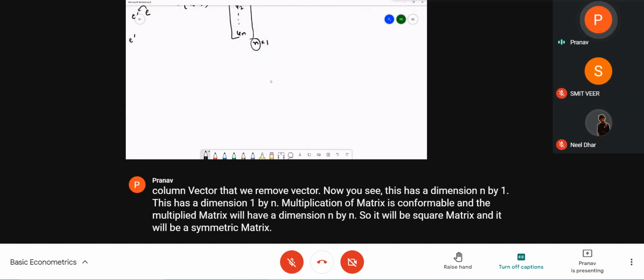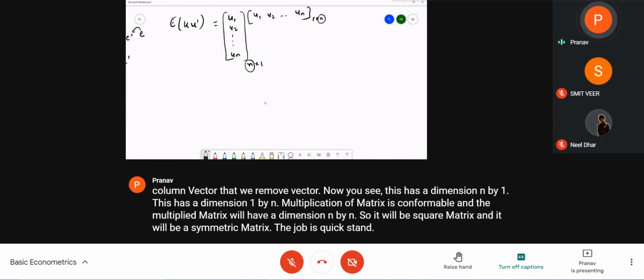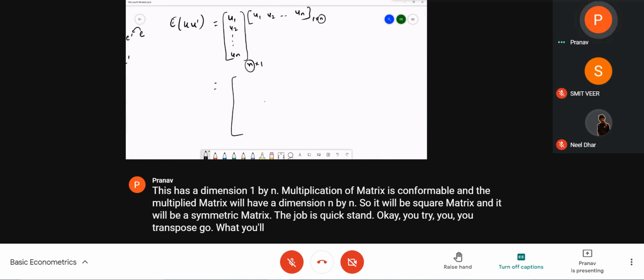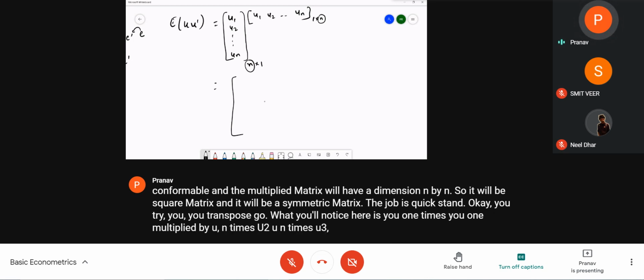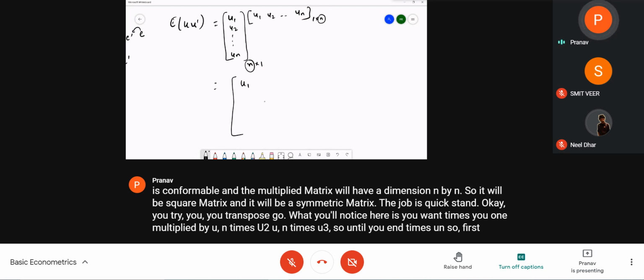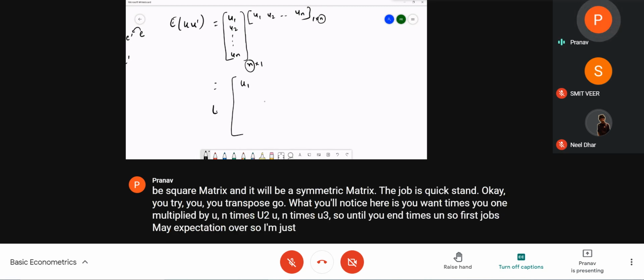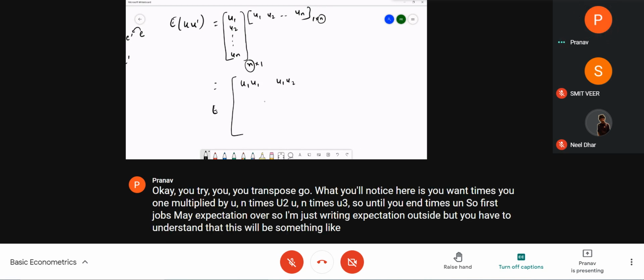So when you expand u u transpose, what you'll notice here is u1 times u1, u1 times u2, u1 times u3, so on till u1 times un. So for every element there will be an expectation. I'm just writing the expectation outside, but you have to understand that this will be something like this.